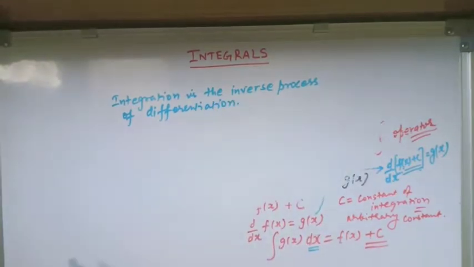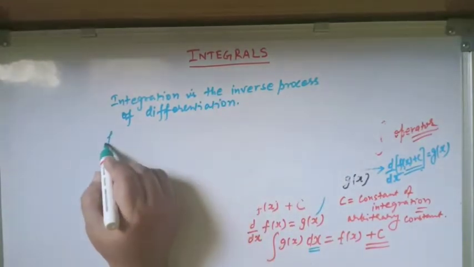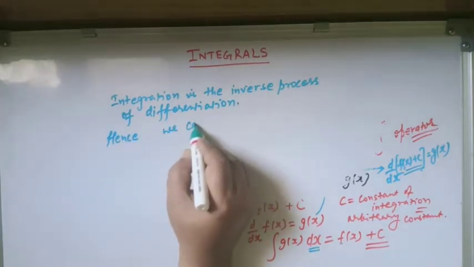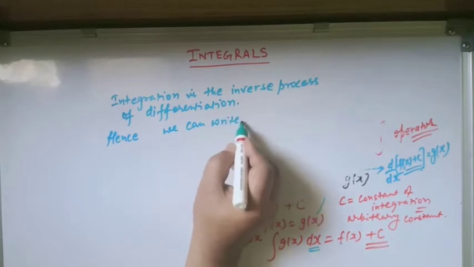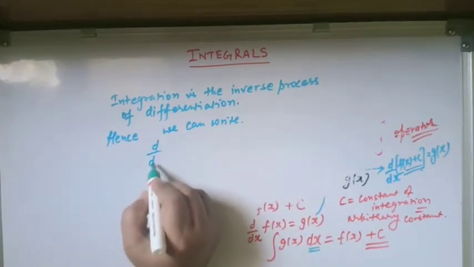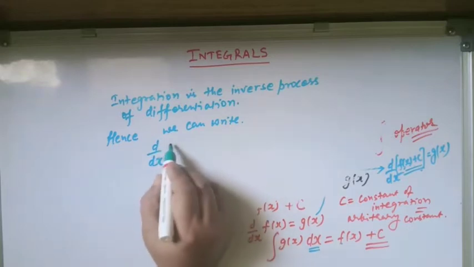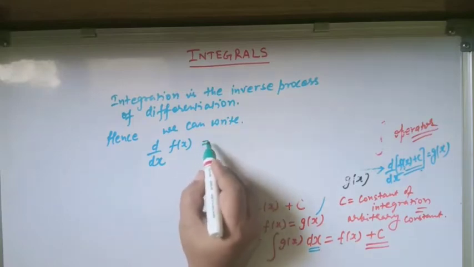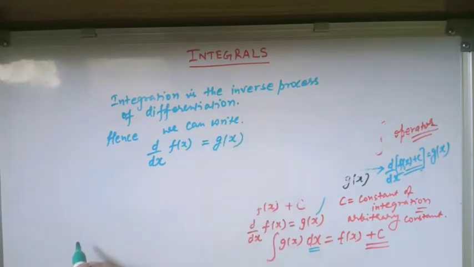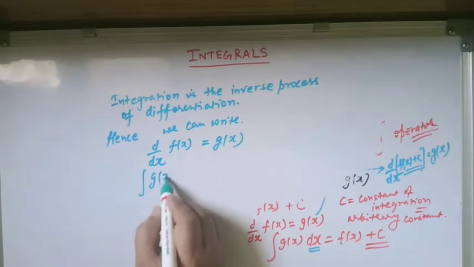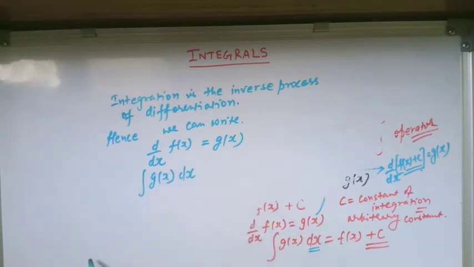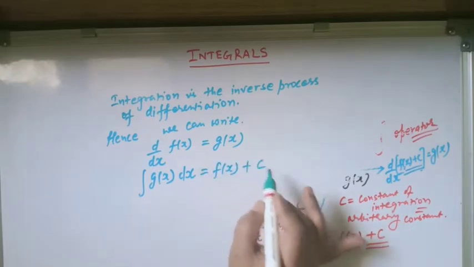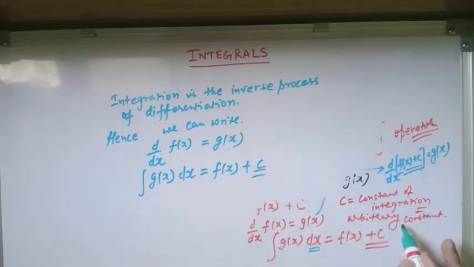So hence we can write: if d over dx of, say, some function f of x is equal to g of x, then the integral of g of x dx is equal to f of x plus c, and this c is called the constant of integration.